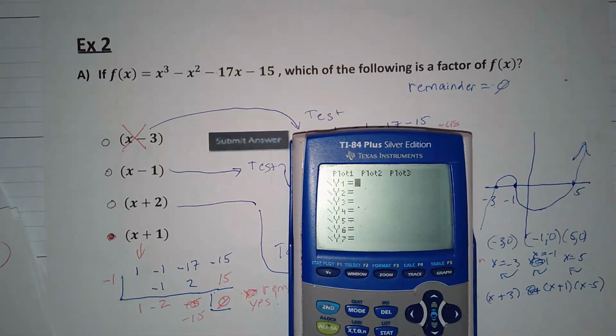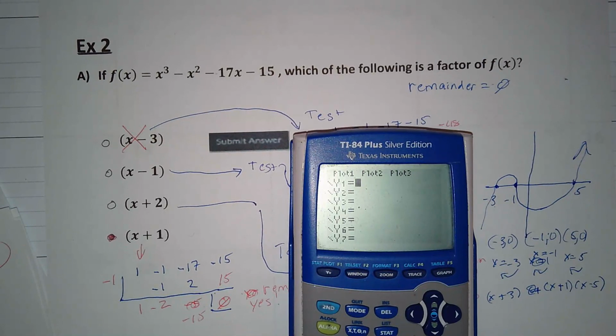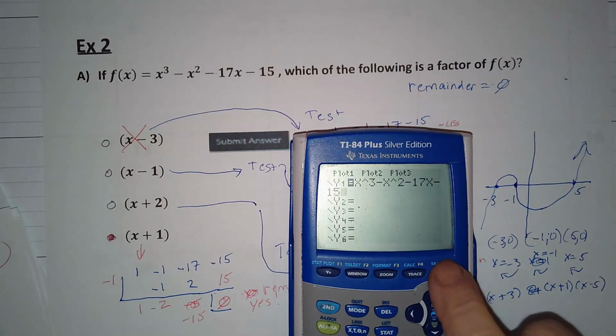So y equals x cubed minus x squared minus 17x minus 15. And then I'm going to go ahead and graph that.